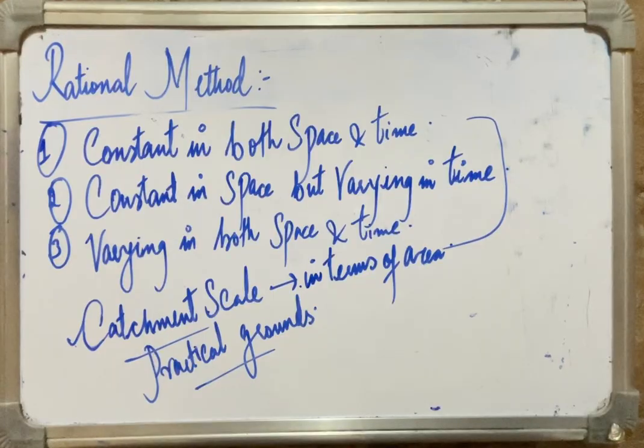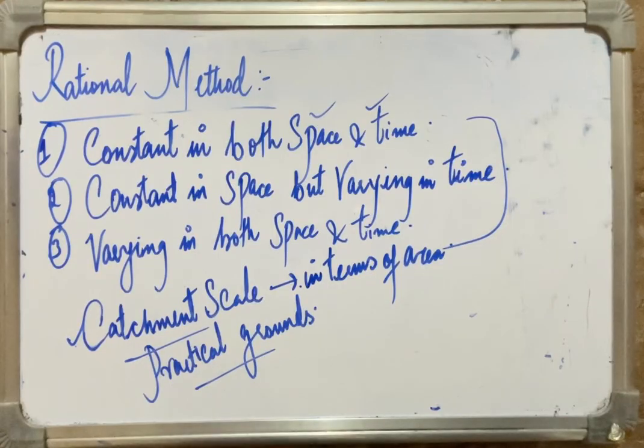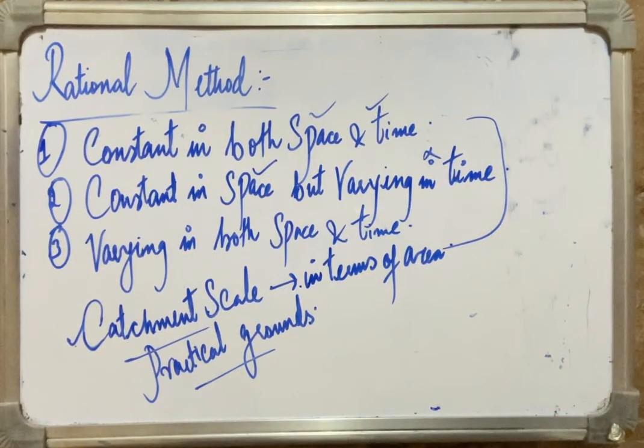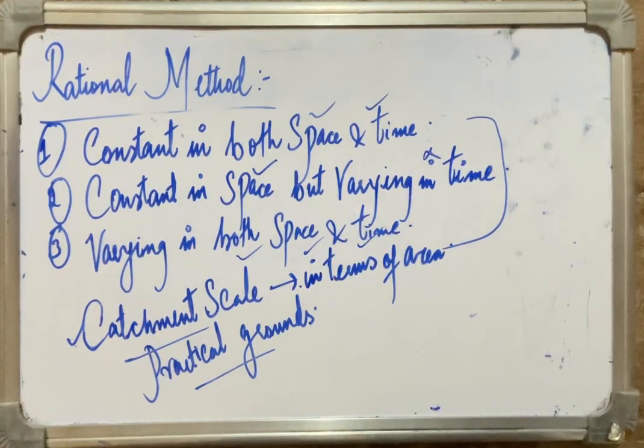And generally small catchments are those in which runoff can be modeled by assuming constant rainfall in both space and time. Mid-sized catchments are those in which runoff can be modeled by assuming rainfall to be constant in space but varying in time. And large catchments are those in which runoff can be modeled by assuming rainfall to vary in both space and time.